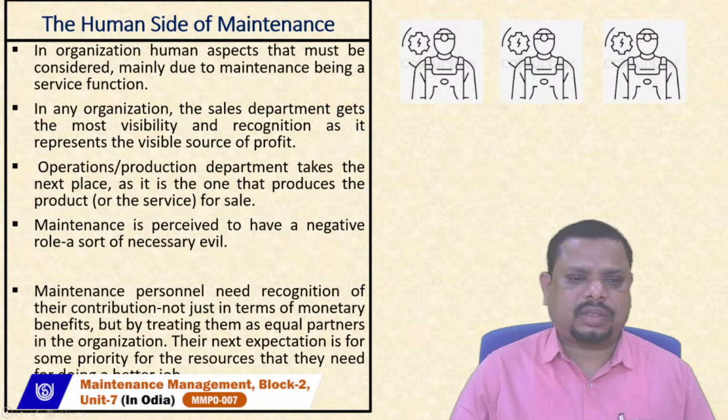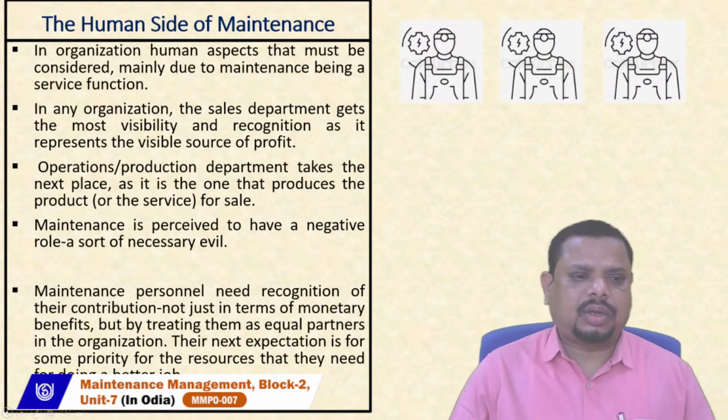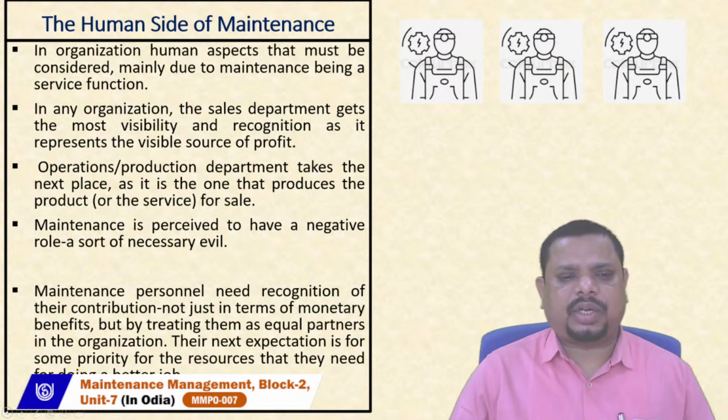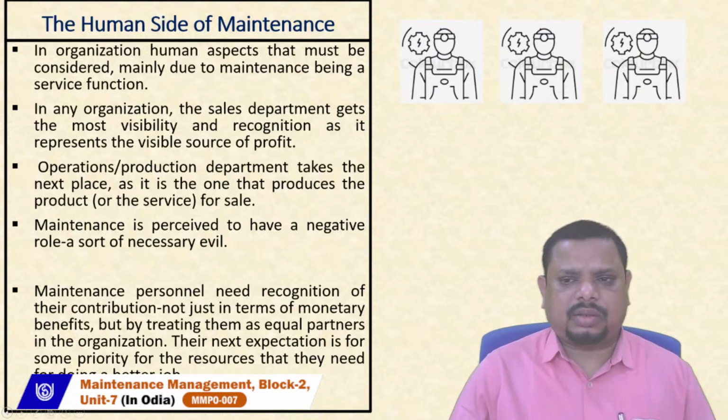In most cases, we have observed that sales personnel, the finance departments, and the human resource departments are recognized as visible sources of profit for the organization. We also place the operation and production departments next, as they produce the product for the sales. So they are second on the list.